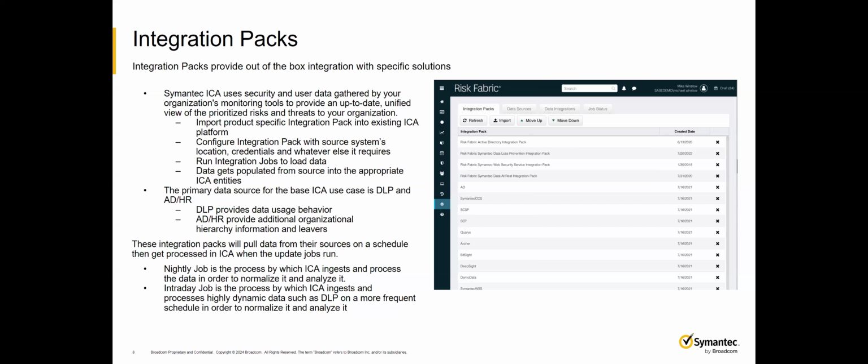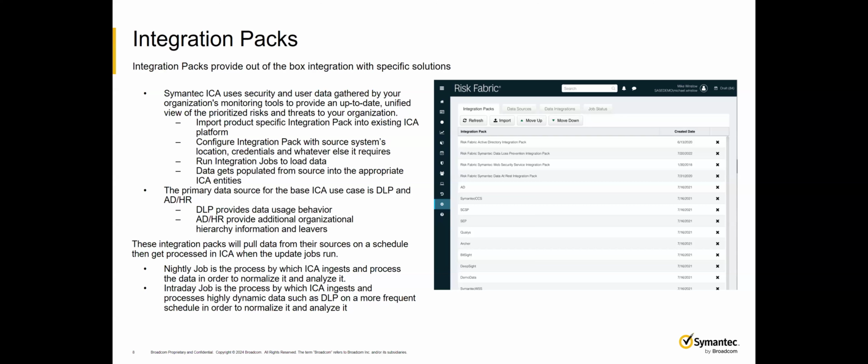Using these integration packs, you define what data is populated into ICA, so what data is mapped across. With Active Directory data types, you're really looking to augment that data that's coming in from DLP. So a user's manager, a user's employee type, his Active Directory group membership, his department, all of his peers, even does he have a leaving or departure date.